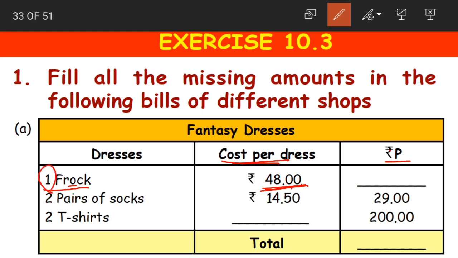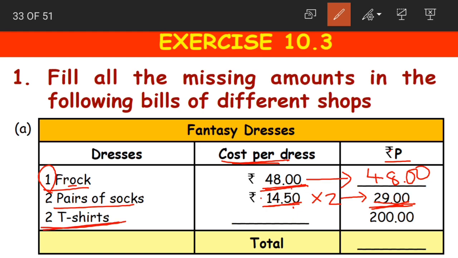We have bought only one frock, so the same amount can be written here, 48 rupees. Next we have bought two pairs of socks. The cost of one pair is 14 rupees 50 paise, so the cost of two would be 14 rupees 50 paise into 2. That is nothing but 29 rupees.